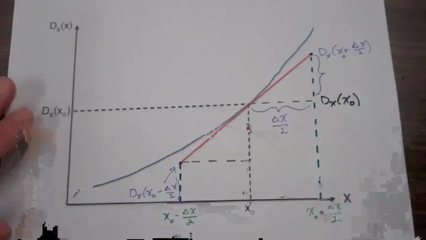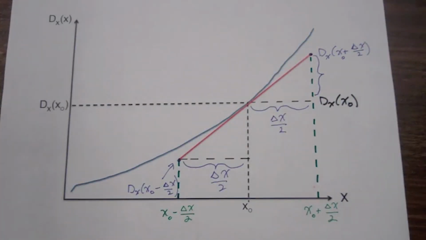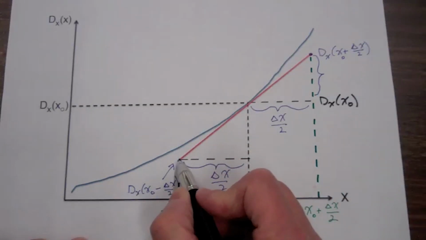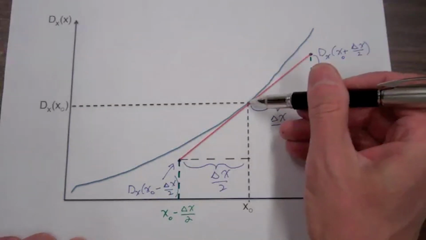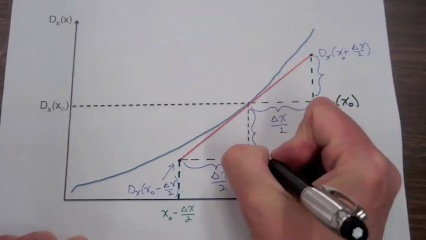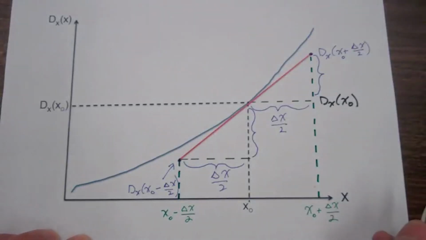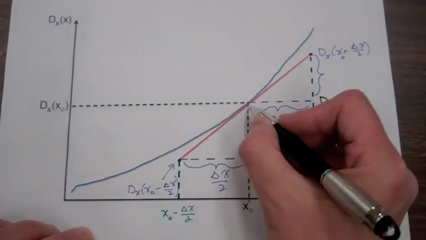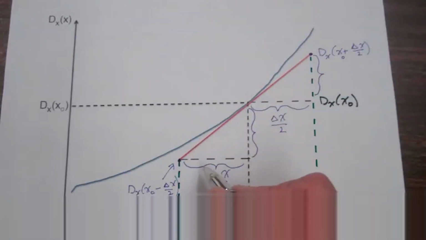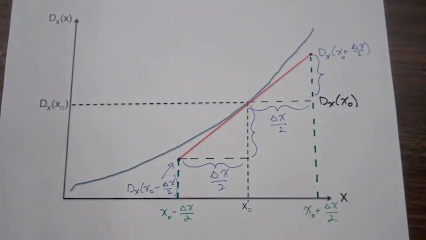Similarly, our estimate of D sub x on the back face of the cube will be the value of D sub x at the center of the cube minus this side of our right triangle, which is our slope times this side of our right triangle.